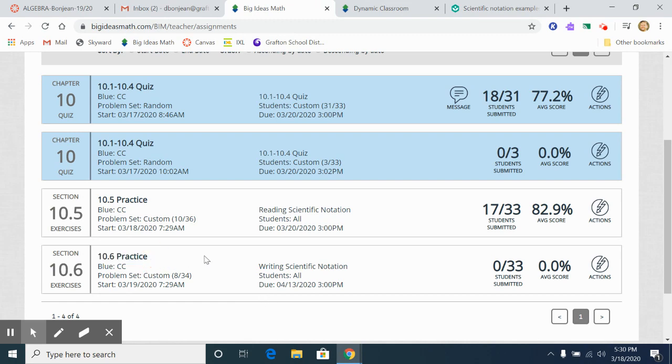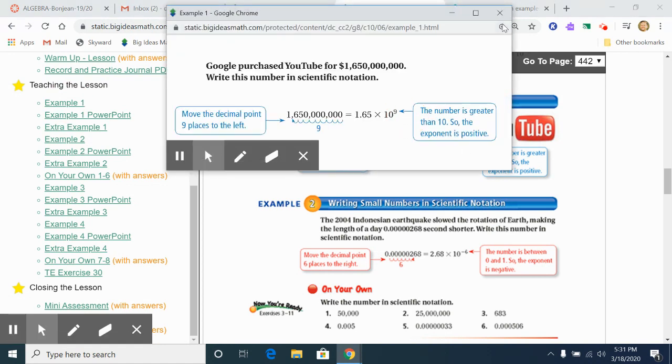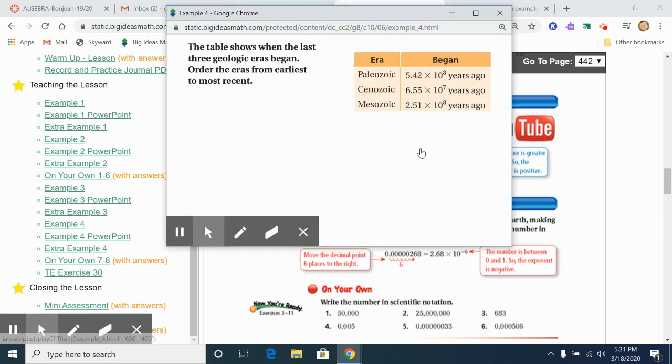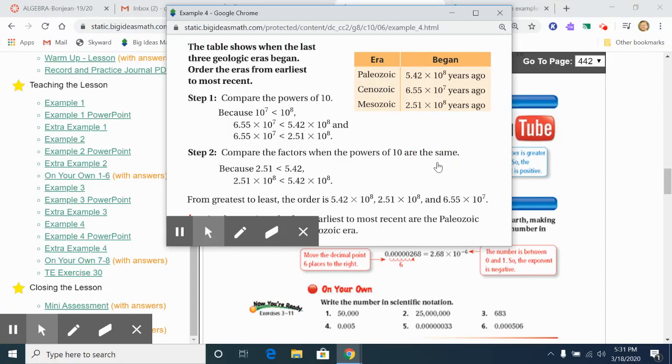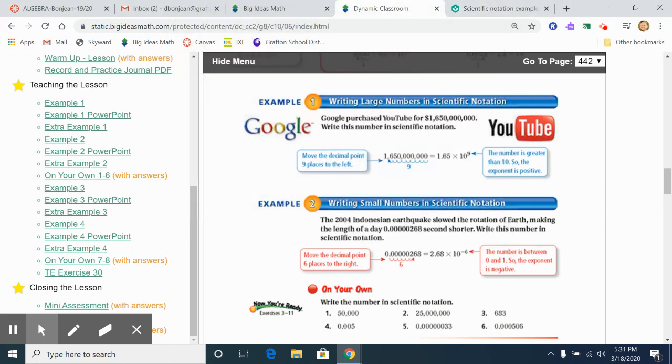So the 2 things you'll have to do is, 1, take numbers like we did in example 1 and example 2 and write them in scientific notation, large numbers and small numbers. And the next thing you'll have to do is what we just talked about, which is comparing numbers that are written in scientific notation. At this time, go into Big Ideas, sign in, and complete your assignment.